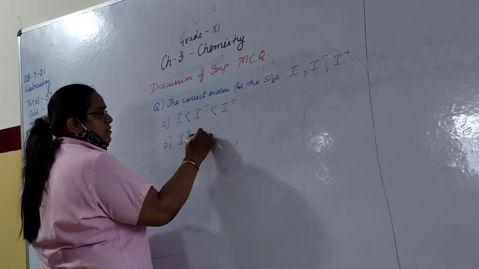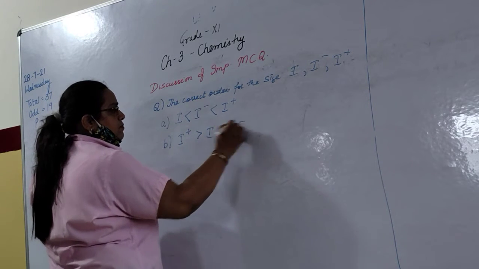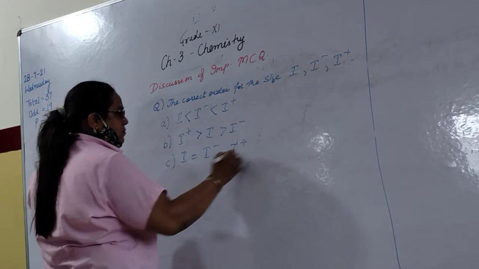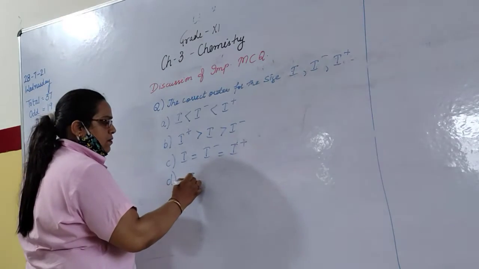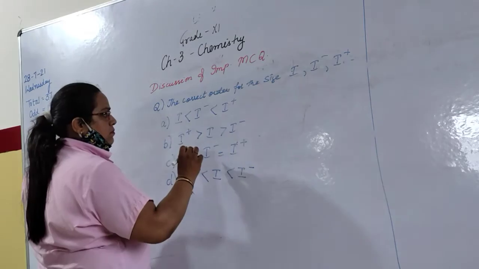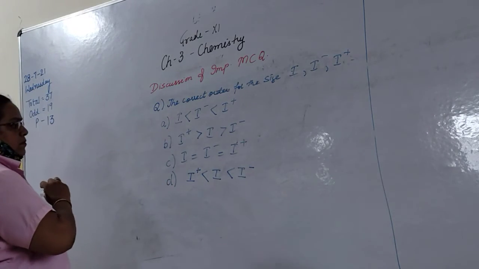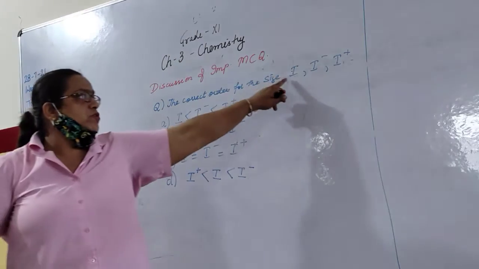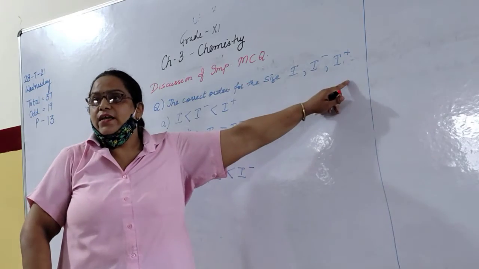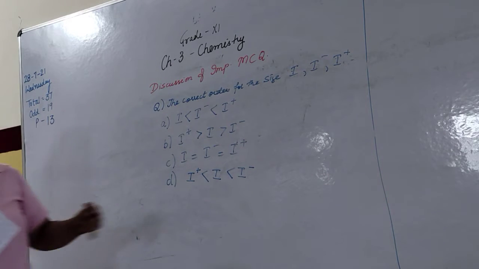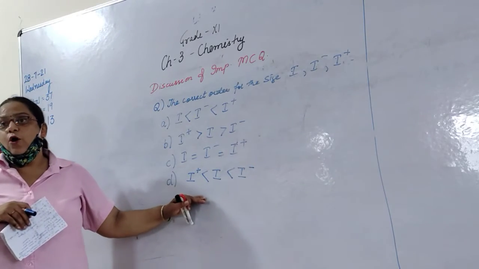Options are listed. It is neutral, it is anion, it is cation. As you all know, cations are smaller in size than the neutral one, and anions are bigger in size than the neutral one. So this is your correct option.